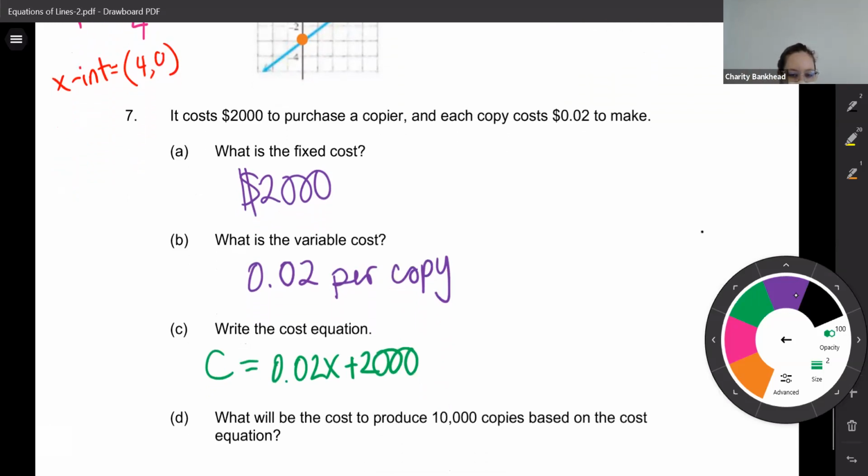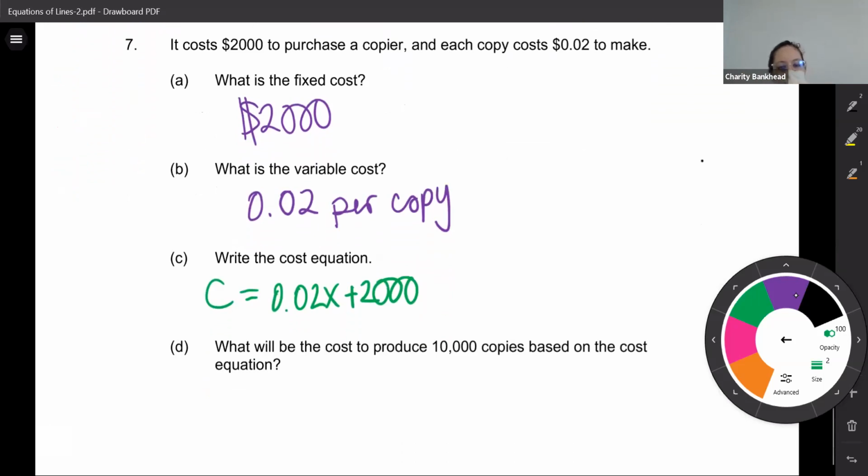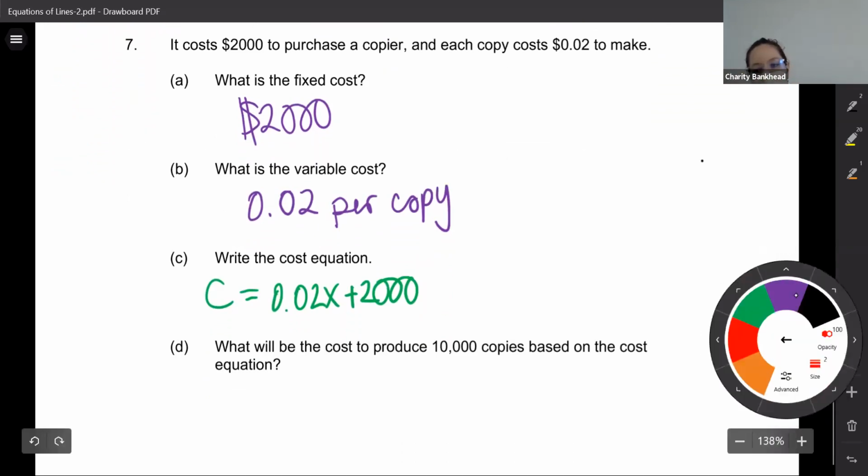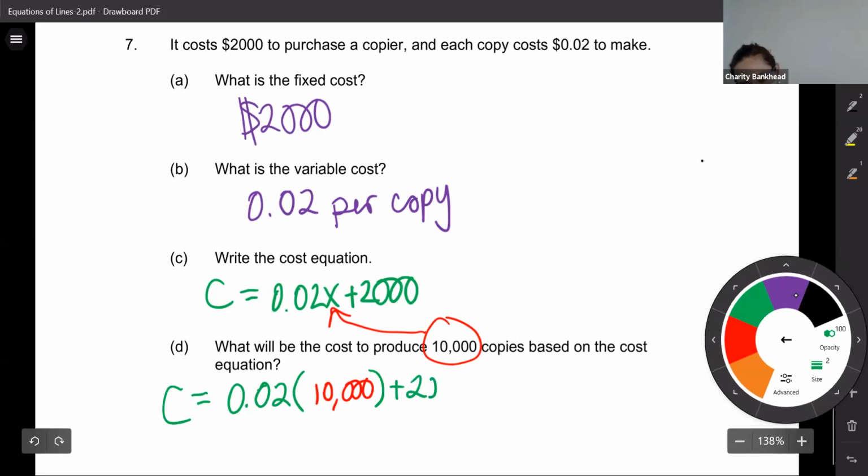What would the cost be to produce 10,000 copies based on the cost equation? So just plug 10,000 in place of the x there. 0.02 multiplied by 10,000 plus 2,000.